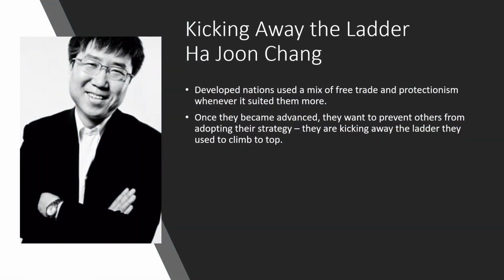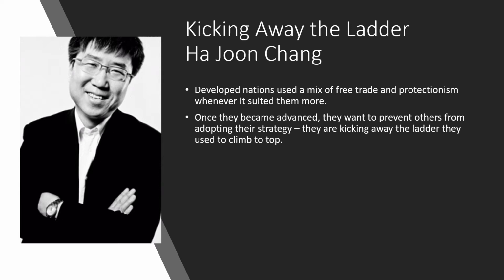Kicking away the ladder comes from one of my favorite economists. His name is Ha-Joon Chang. He was a student of Stiglitz at Cambridge, and he says that developed nations use a mix of free trade and protectionism whenever it suits them more. Once they become advanced, they want to prevent others from adopting their strategy, and they kick away the ladder.